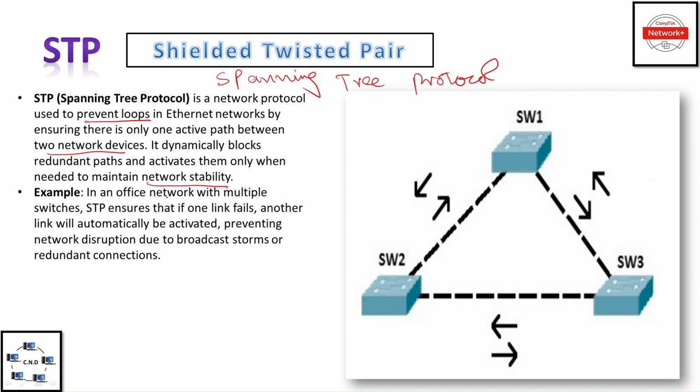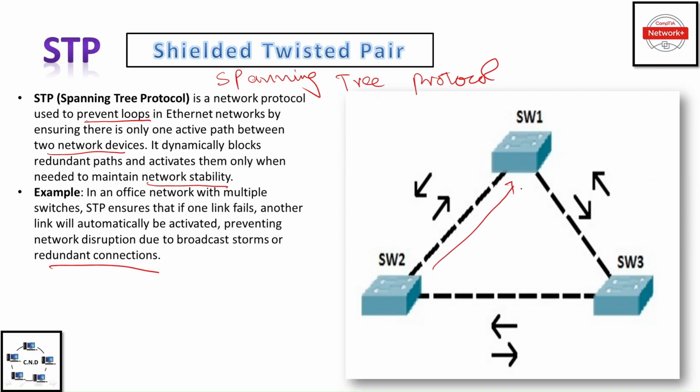For example, in an office network with multiple switches, STP ensures that if one link fails, another link will automatically be activated, preventing network disruption due to broadcast storms or redundant connections. For example, in this case, to reach switch 3, switch 2 has two links.